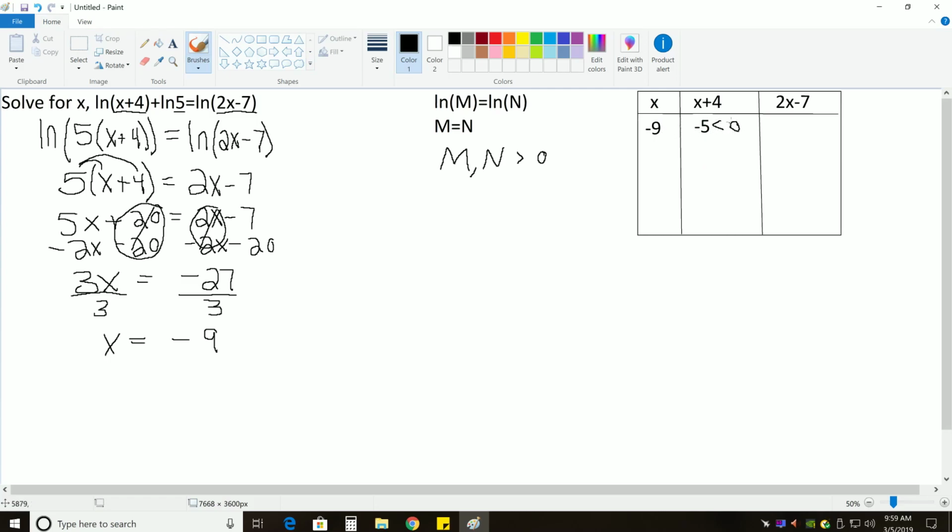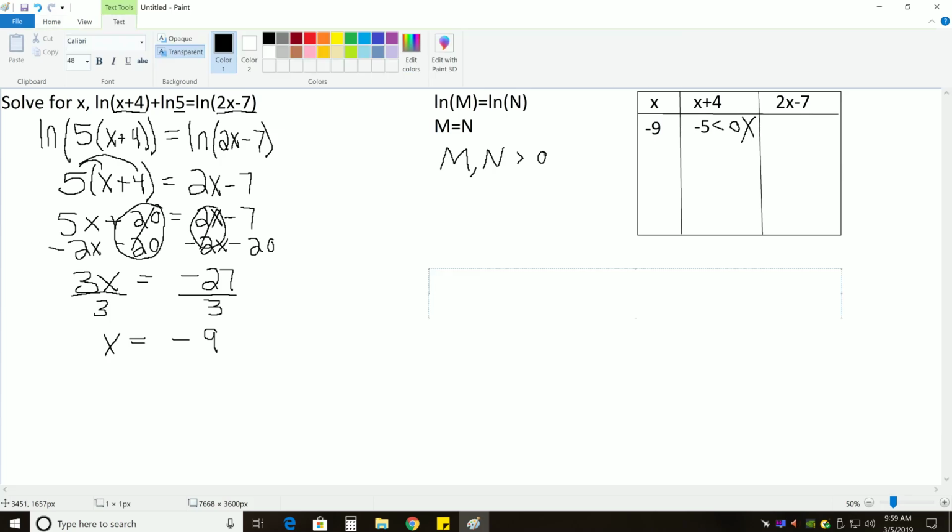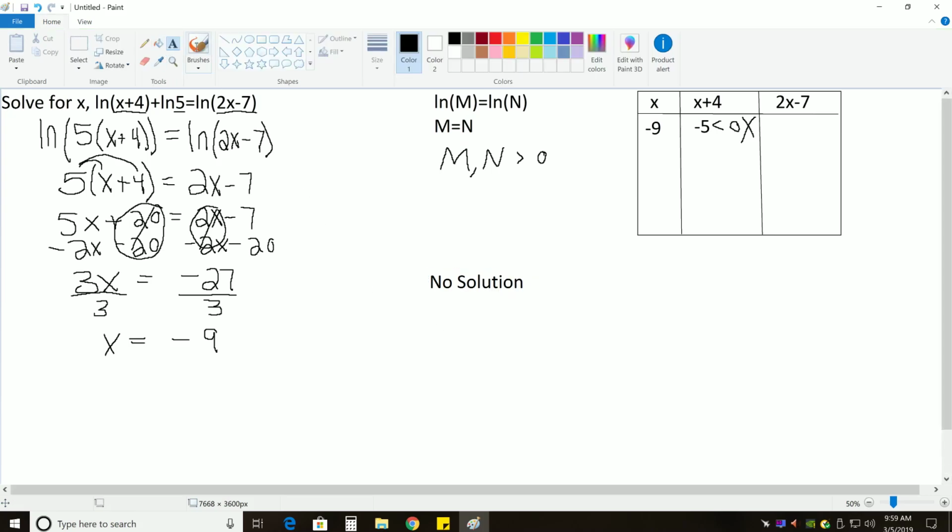It has to be greater than 0. That's instantly a failure. So we know immediately that there is no solution, because it fails the domain check of this formula.